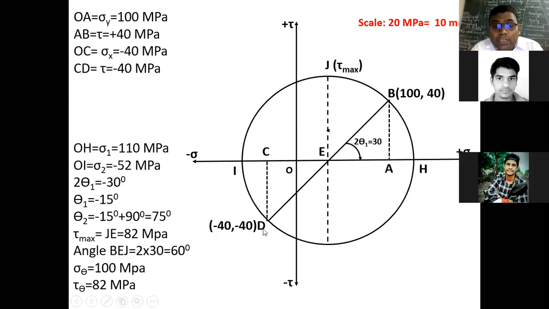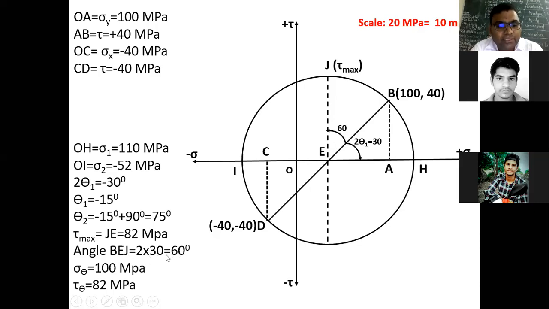Then now calculate the plane of maximum shear stress. For that you have to measure from this BD plane toward this. So it comes 60 degree. Simply you just put 60 degree here.